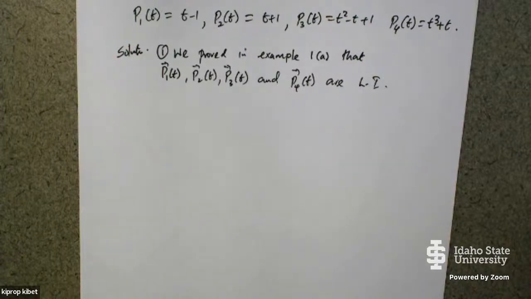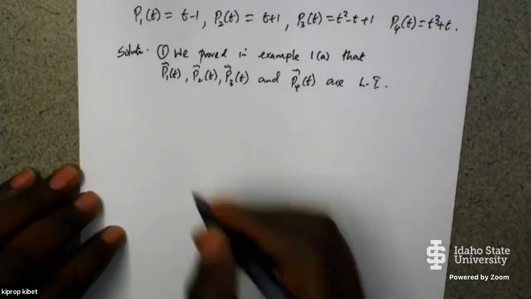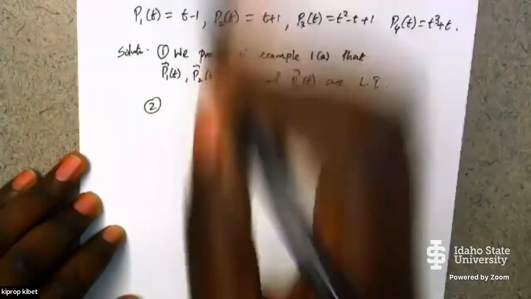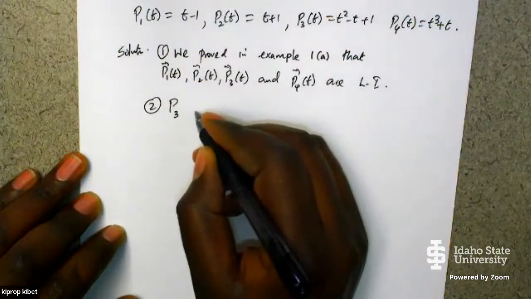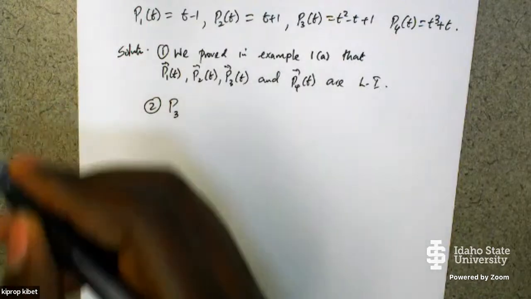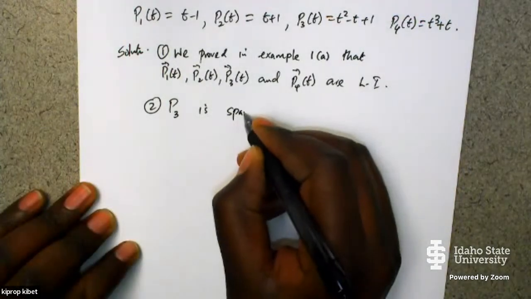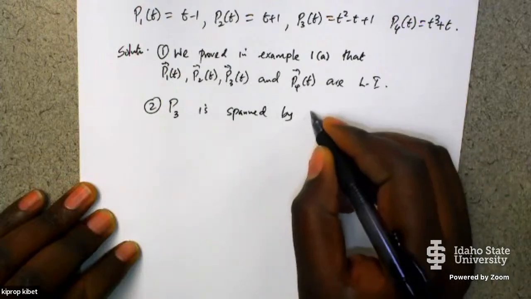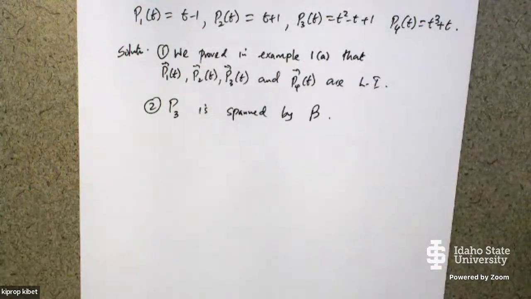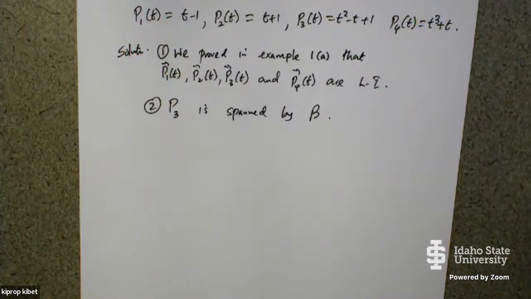Now we want to check number 2. We want to see whether this P3 is spanned by this beta.